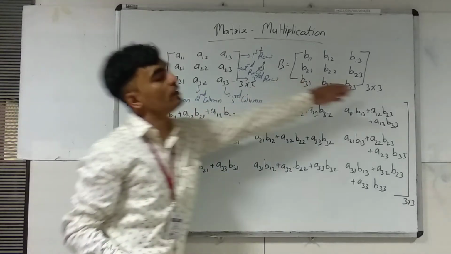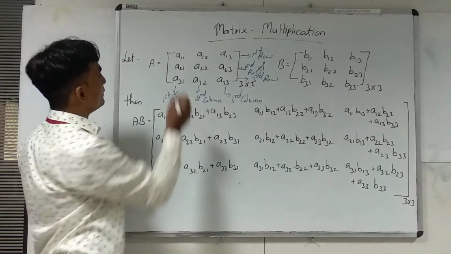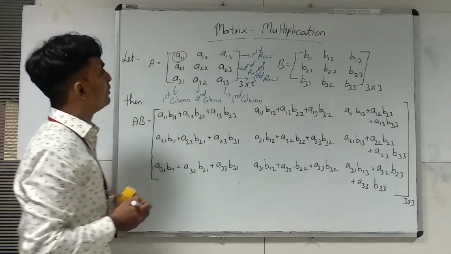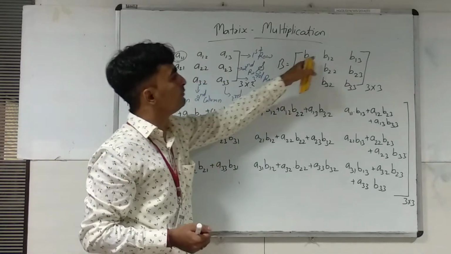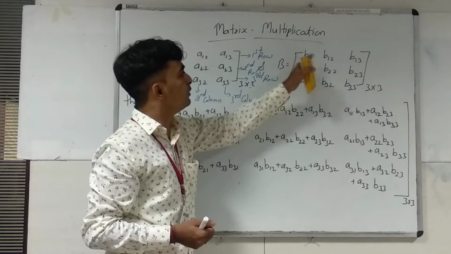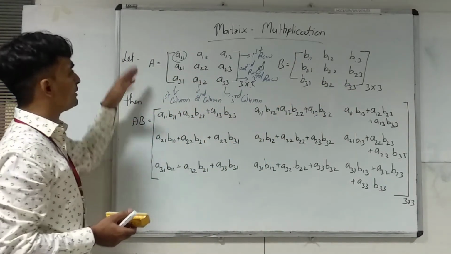Same for matrix B also. Here we have A11, A12, A13 and so on up to A33. Similar for B11, B12 up to B33. These all are elements of their respective matrices.